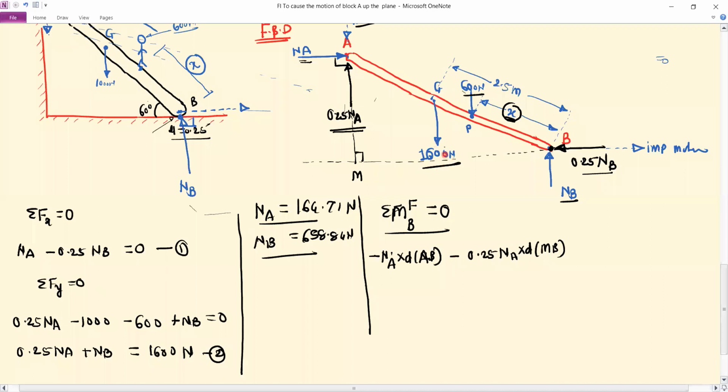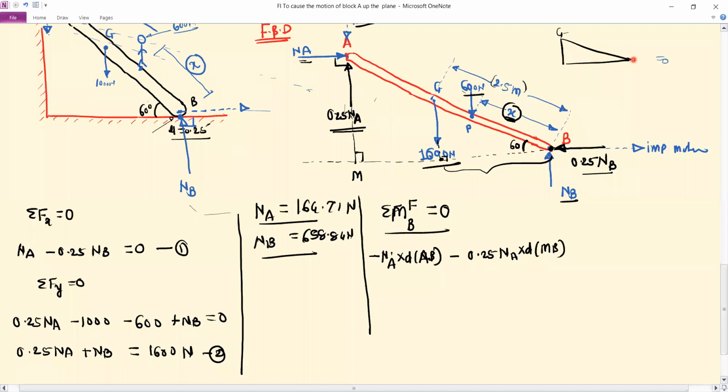Next, we have this 1000 Newton. For the 1000 Newton, just extend this line of action. This is perpendicular, so you will get another triangle. In this triangle, this is the perpendicular distance, and we can find this distance. This is 60 degree, and G to B is 2.5 meter.